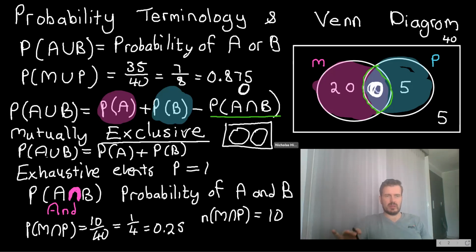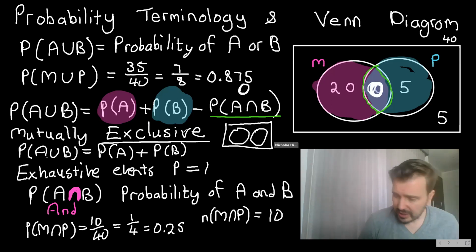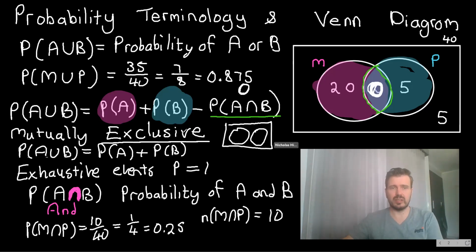Yeah. So the probability of a nine-year-old or a 10-year-old would be just the probability of 9-year-olds and 10-year-olds added together. Okay, and then there's independent events, which is the last thing. And so we're just going to look at that.